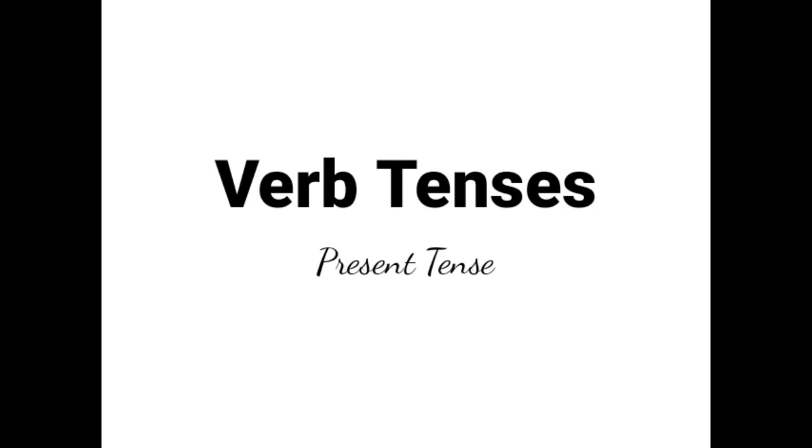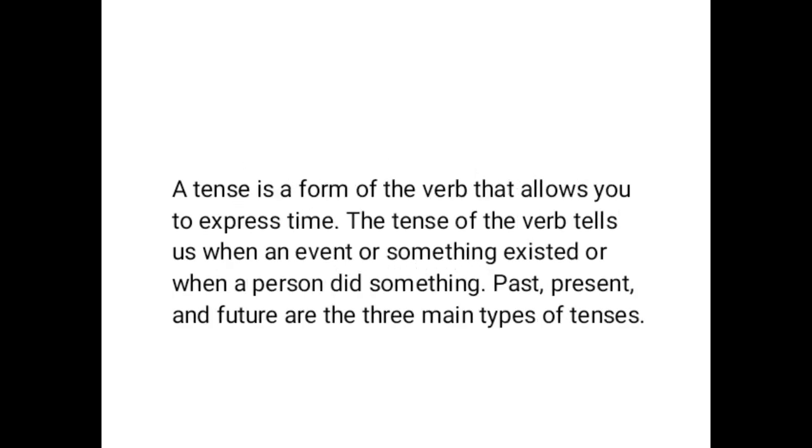Now, what is a verb tense or a tense? A tense is a form of the verb that allows you to express time. Everything we do must be done within a time. So the time in which an action is done is the tense of that action.